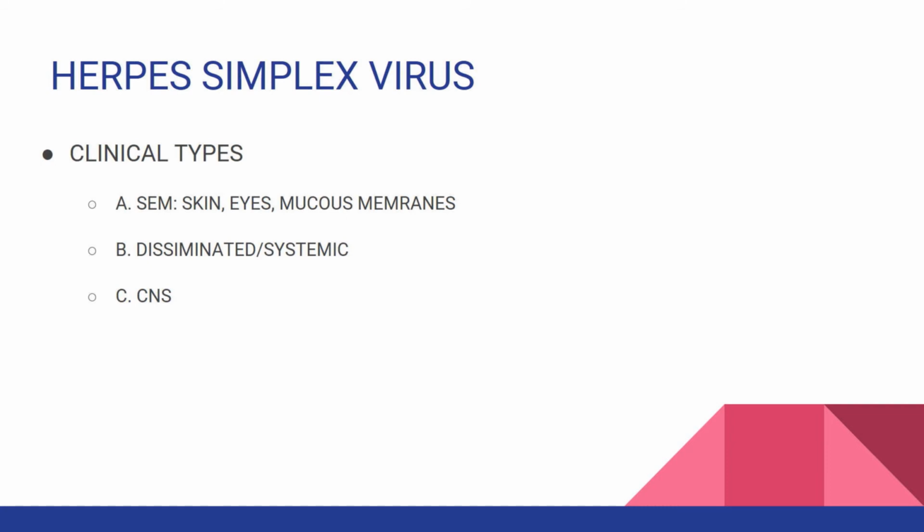This classification matters in terms of treatment, because if the infection is only affecting the skin, the eyes, or the mucous membrane without disseminated or CNS involvement, then treatment with acyclovir should only be for 14 days. But if it involves the CNS, or if there is a disseminated infection, then acyclovir treatment should be for 21 days.